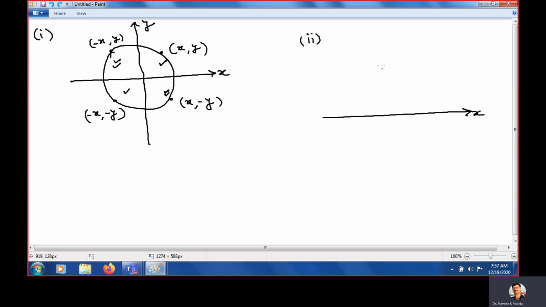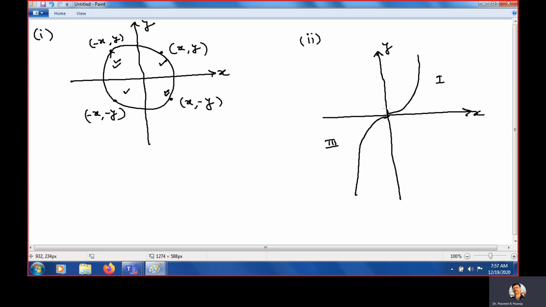Now number 2, there is one more graph that is symmetrical about origin. Look, if this is the graph and this is the graph, whatever is in first quadrant, same is in third quadrant.